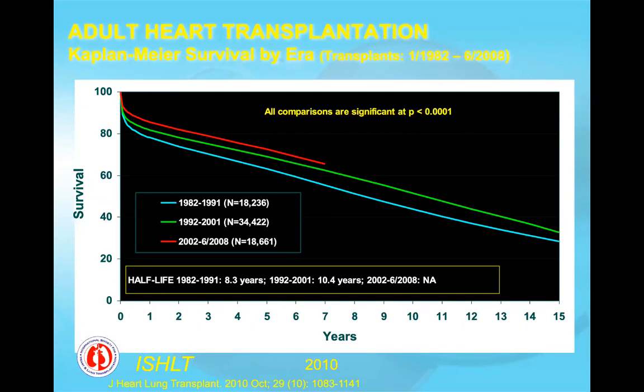Otherwise you will dilute. A center should do 20 and above, a center with respected experience. Doing 1 to 5 a year, you're really not doing good to the patient.